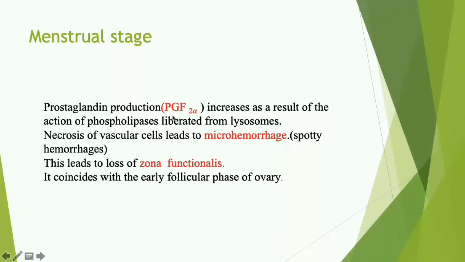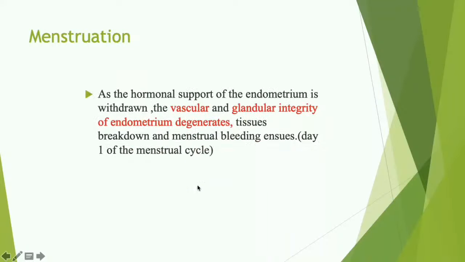So prostaglandin production is increased. At the same time you have necrosis of vascular cells which leads to microhemorrhage, right? So all this together leads to the loss of zona functionalis or stratum functionalis. Now remember, this coincides with the early follicular phase of the ovary.